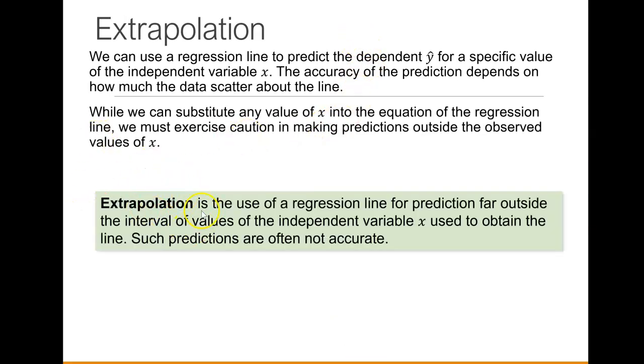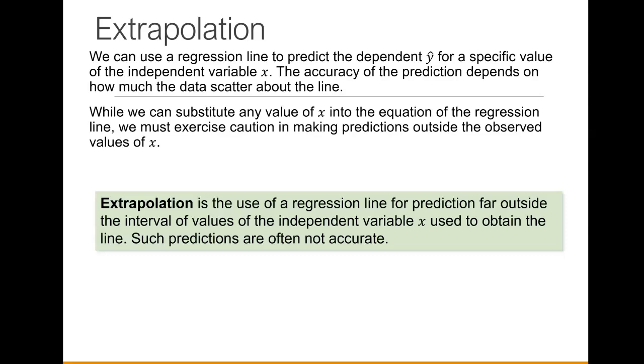So again, extrapolation, we just talked about, and why they're not accurate. Interpolation is very good. So let's say we're using a regression line to make a prediction. We need two things for that prediction to be reliable. First thing is the regression equation that we're using has to be a good fit to the data. So you need an R value that's close to 1 or -1.